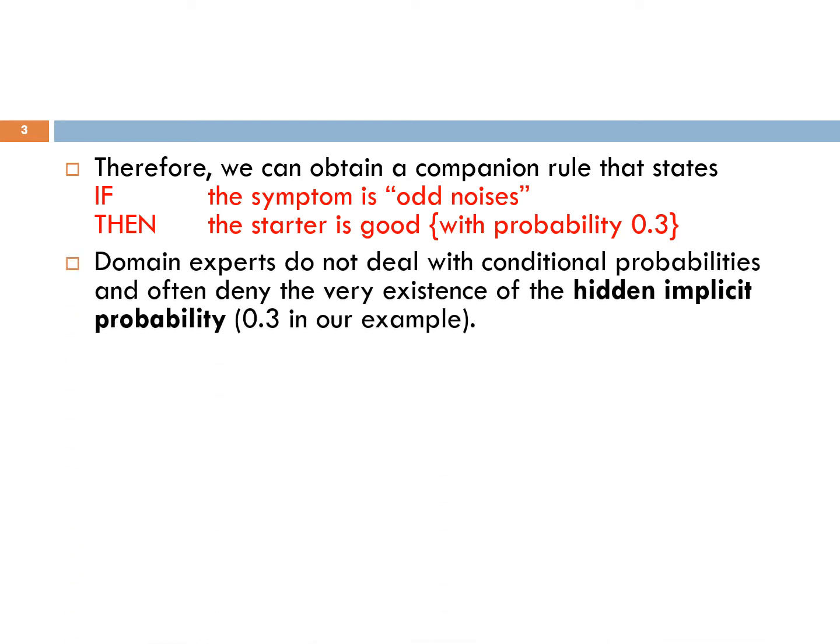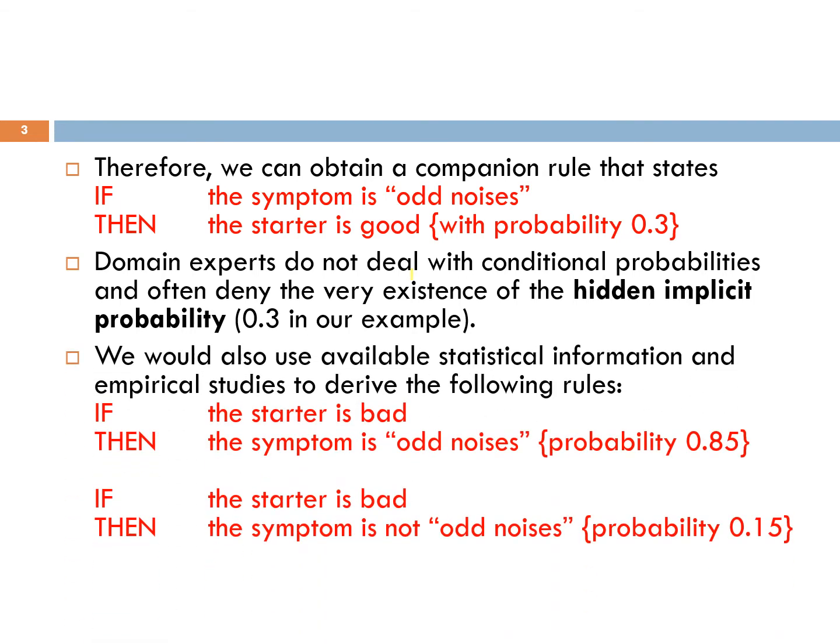So the domain expert does not deal with the conditional probabilities and often denies the very existence of hidden implicit probability. In this example, 0.3 is too small compared to the 0.7.